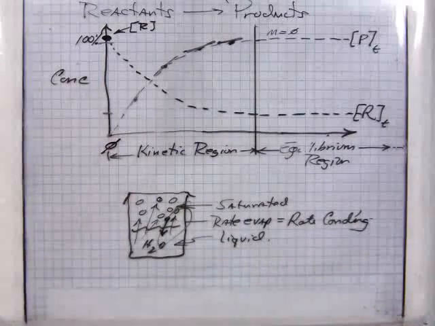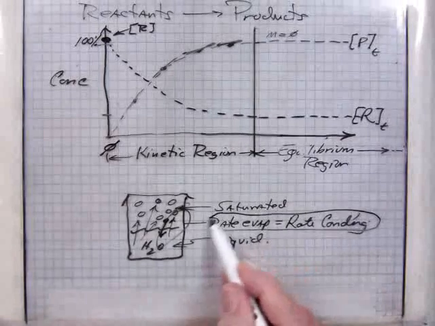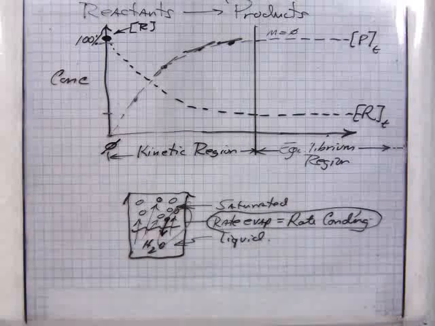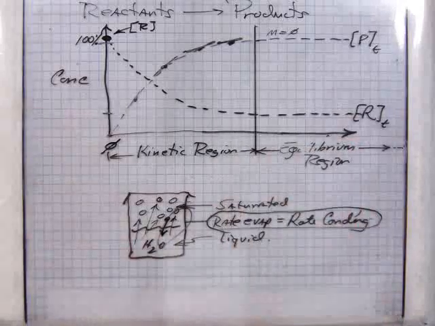As it's condensing back, this is what we call the law of mass action, and is the foundation of any equilibrium study. The rates forward equal the rates in reverse, and hence there's no apparent change in concentration.